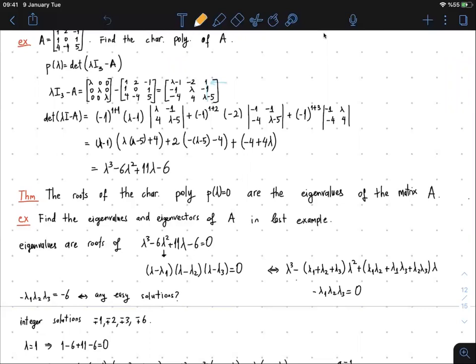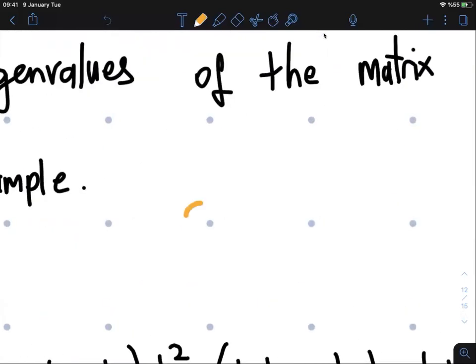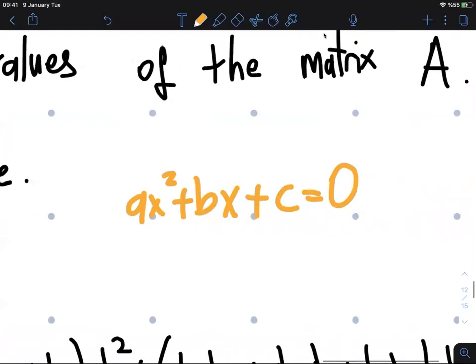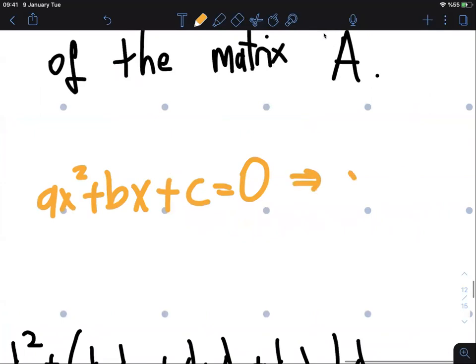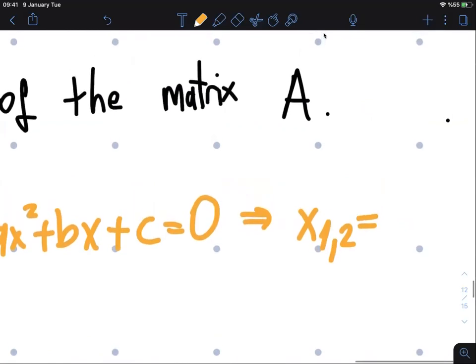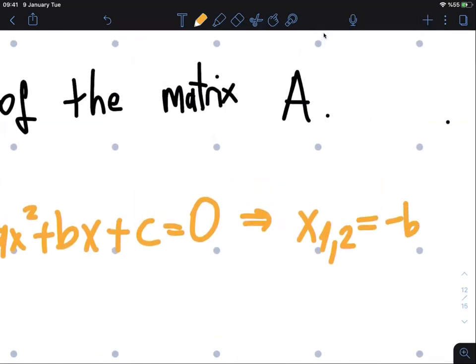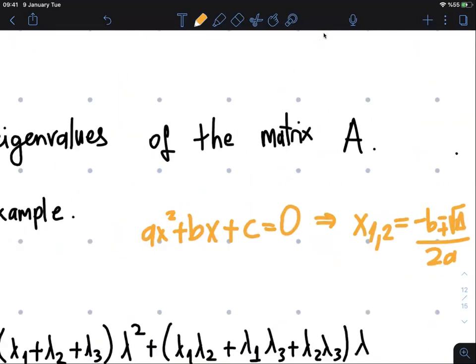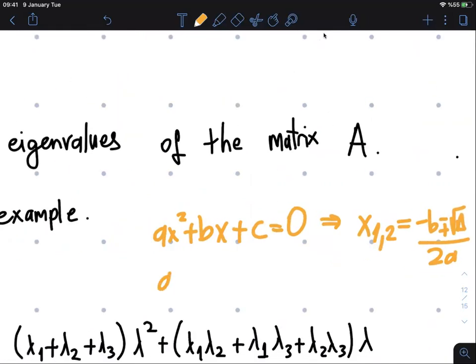So we know the solution for this. We learned this in high school: minus b plus or minus root delta over 2a, right? There's a similar formula for cubic polynomials.